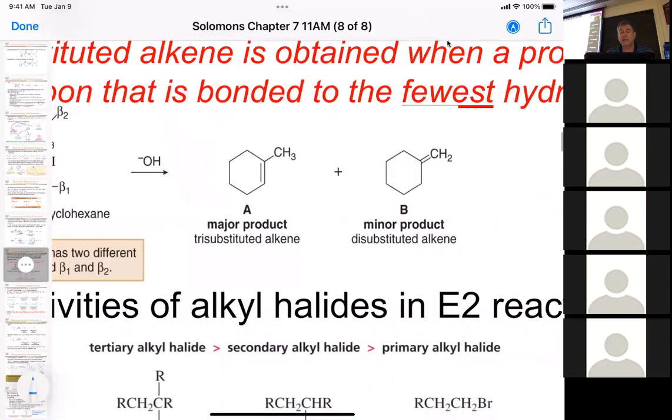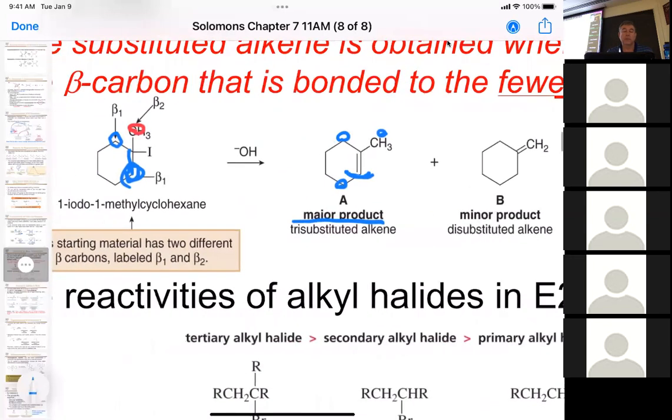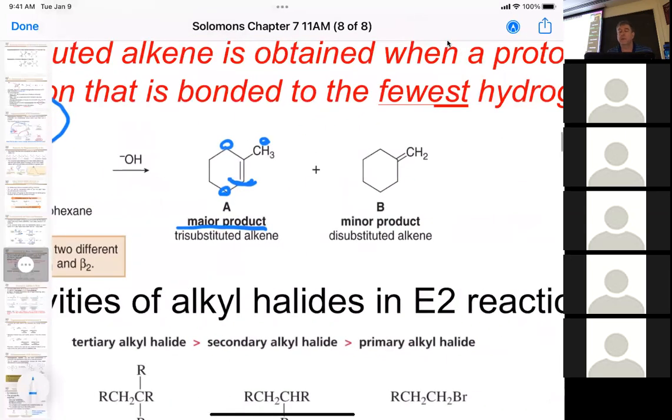So if we take it from the beta 1 carbon, we get the major product, the trisubstituted alkene. And if we took it from this beta 2 hydrogen, we would get this disubstituted alkene. Therefore, this is going to be our major product because it's the more substituted.